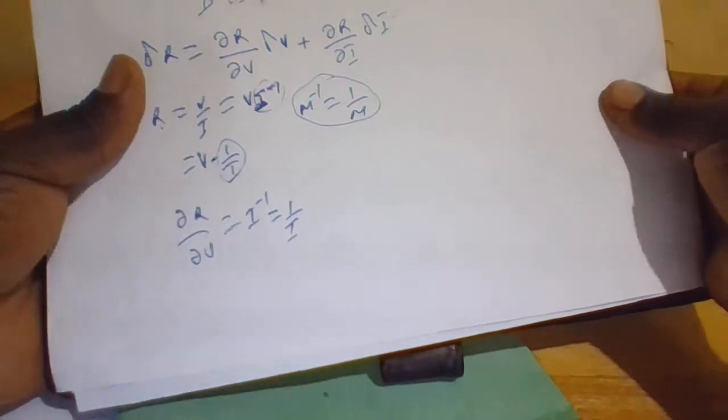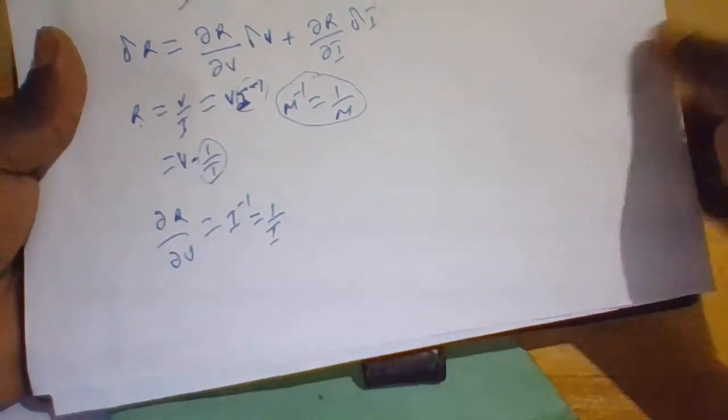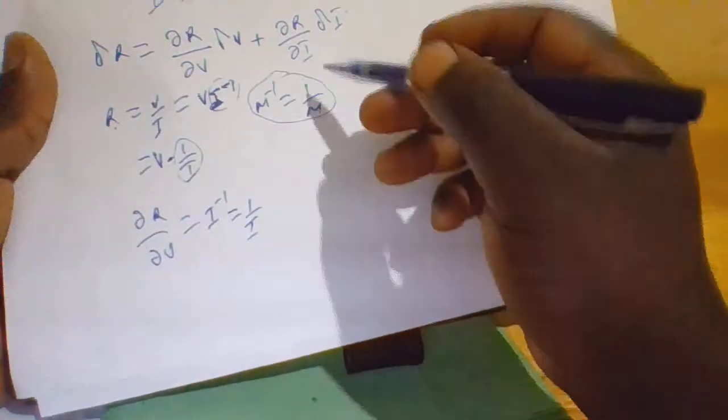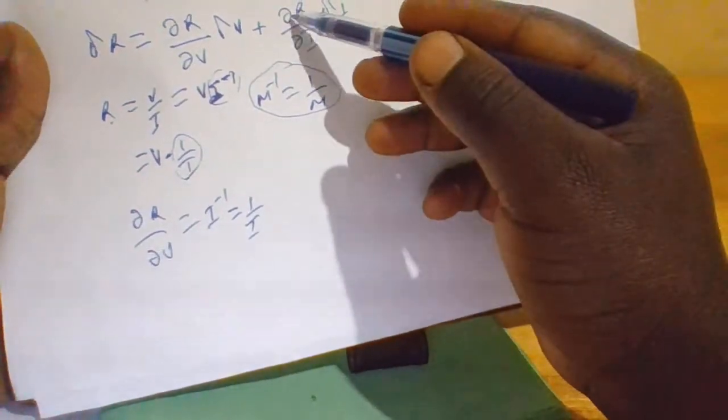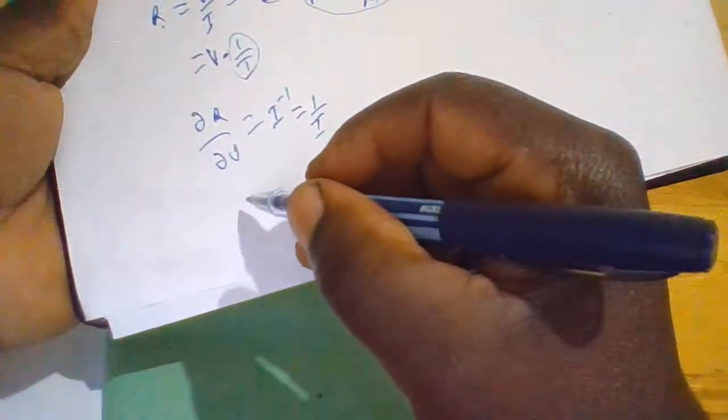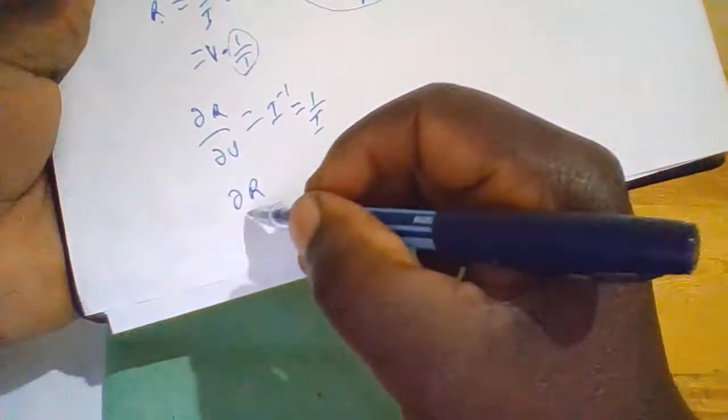That is del R del V. You can also get del R del I, the partial derivative of resistance with respect to current.